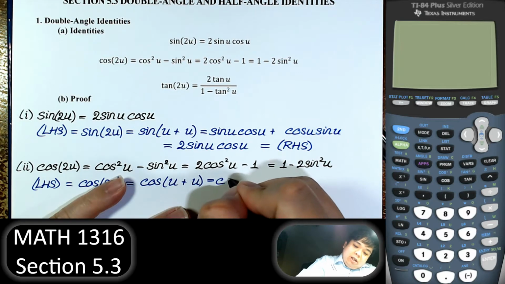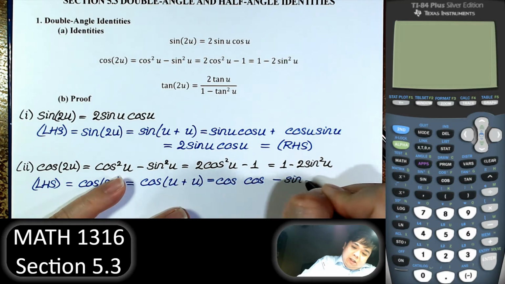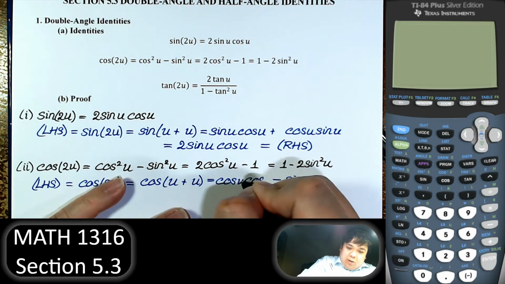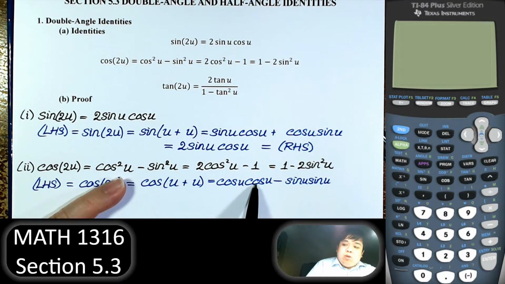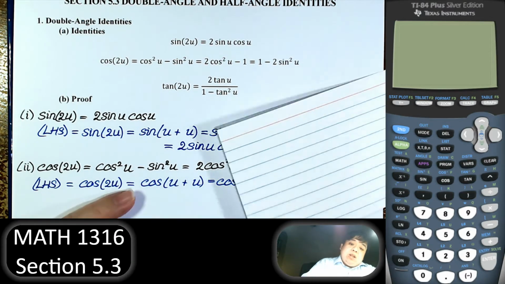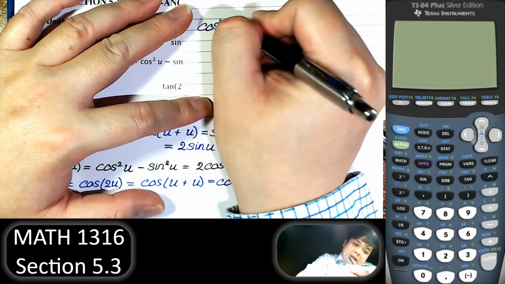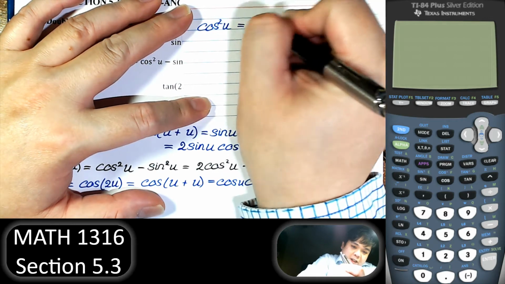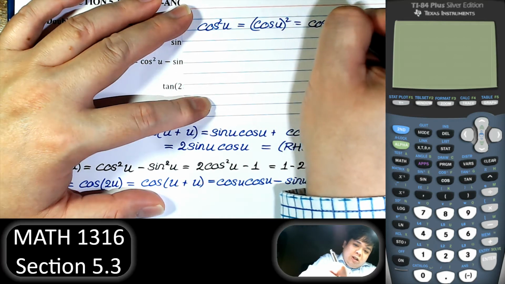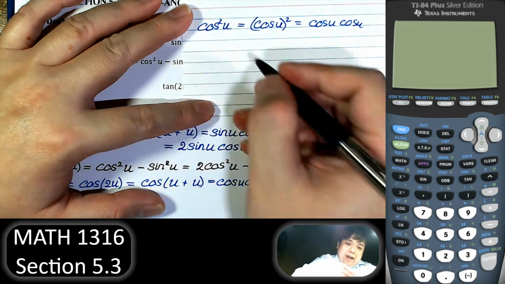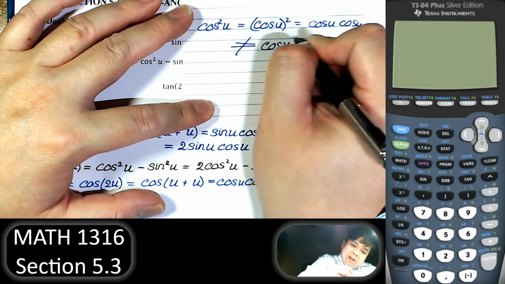And then we can write cosine, cosine, minus sine. The angles, all of them are u. Now, cosine times cosine is cosine square. Once again, I don't emphasize this enough. When we write cosine square like this, we mean cosine times cosine, and none of this is equal to that.